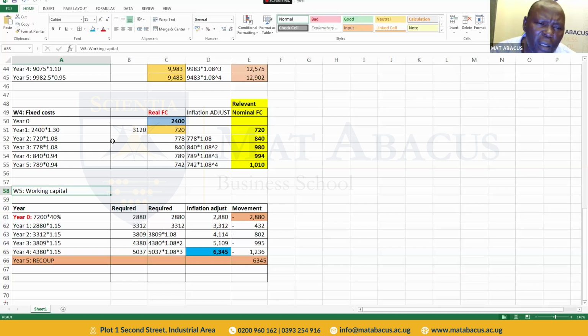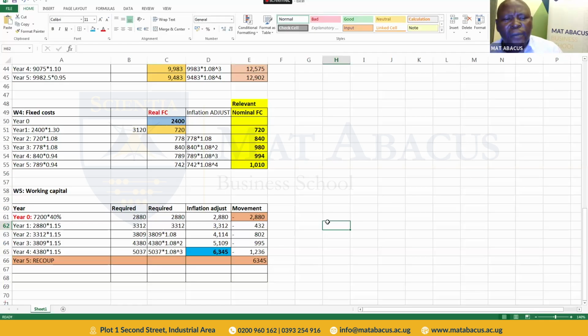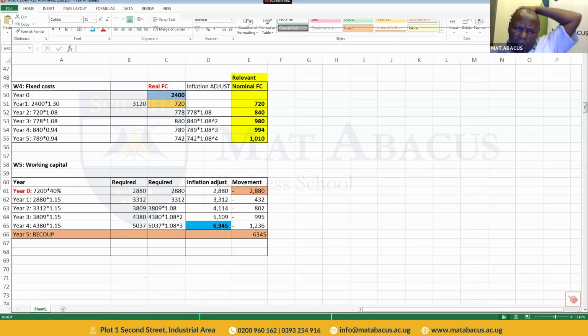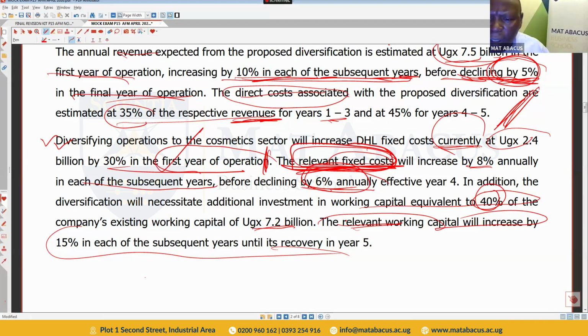So the working on working capital was really a challenging one. We pray that eventually in your exam that is there next week, you don't get those complications. The problem is that inflation adjustment, a good area for learning.